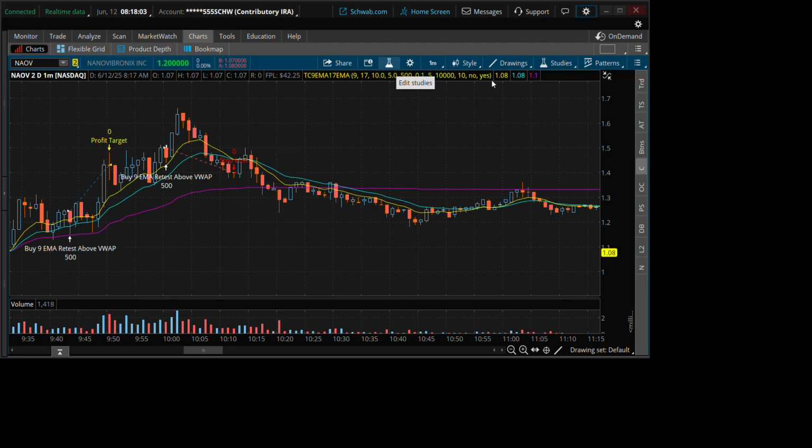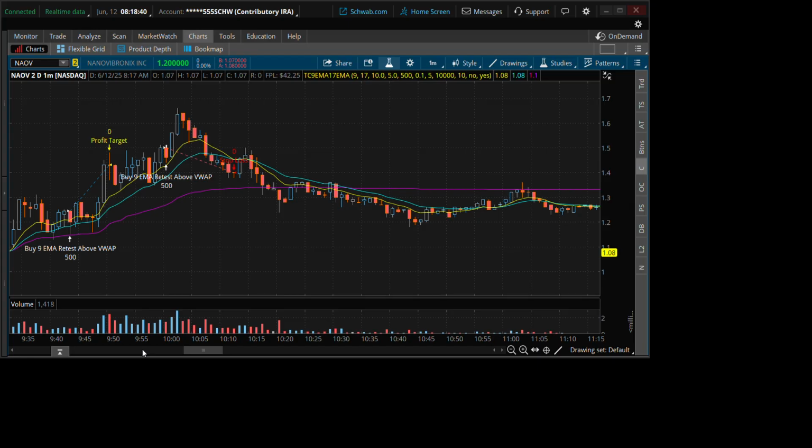Then go over to your edit studies, and this will be your strategy. Click on your TC, this is what it'll show up as, TC_EMA_retest.